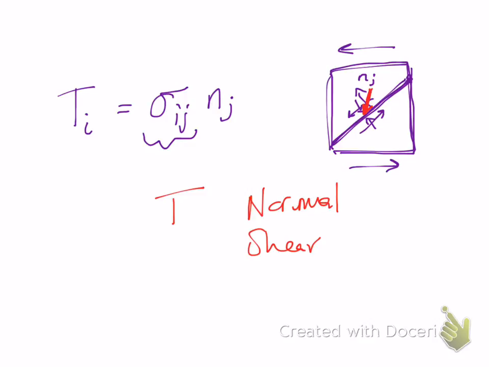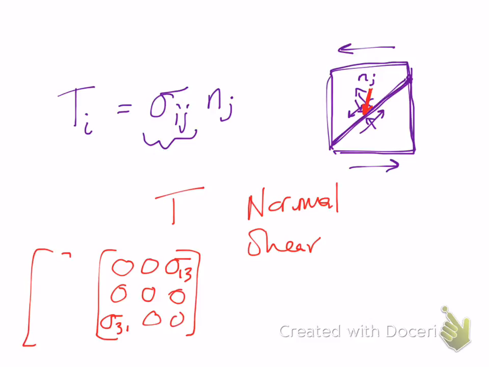And literally how we would do it, say our sigma ij just has this one, sigma 13, sigma 31, times N1, N2, N3 gives T1, T2, T3. You can turn it back into a linear algebra problem if you want to try to solve it.